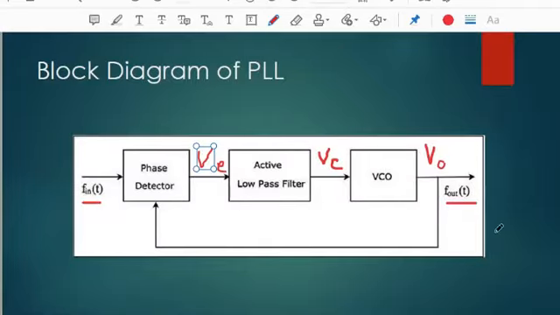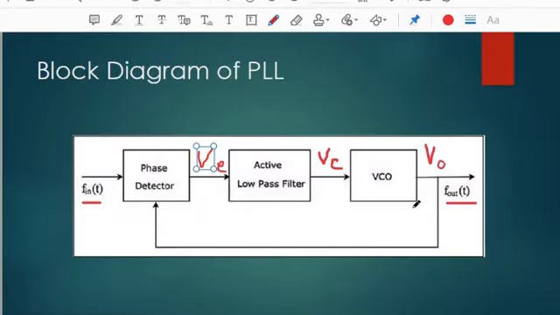This will go on until F naught is equal to F in. This phase is called the capture phase, where the F naught frequency tries to capture the F in frequency. When F naught is equal to F in, we call it the phase lock state.